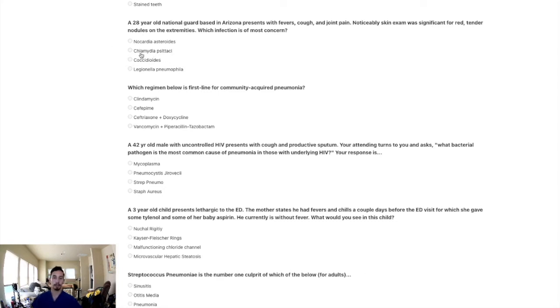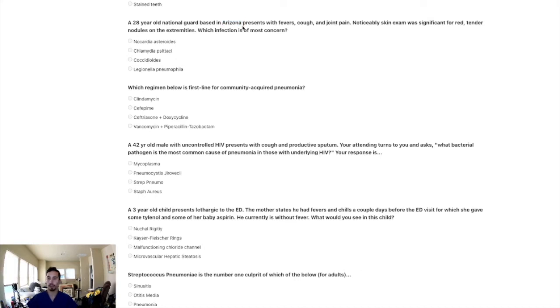This is the chlamydia that is often found in those handling birds. It causes pneumonia, but we don't have any good history regarding bird care. Maybe he's in the Falcon Division in the National Guard, but because we don't know that, we cannot reliably choose chlamydia at this point.